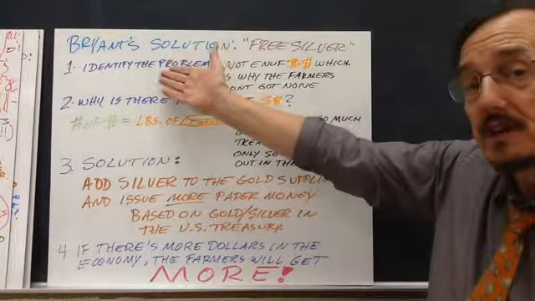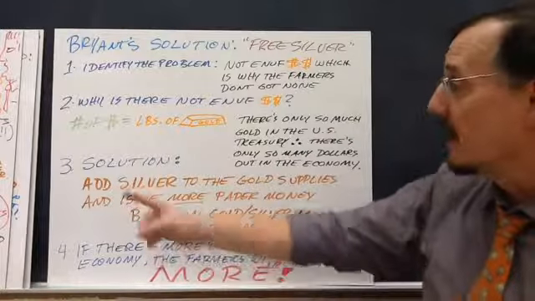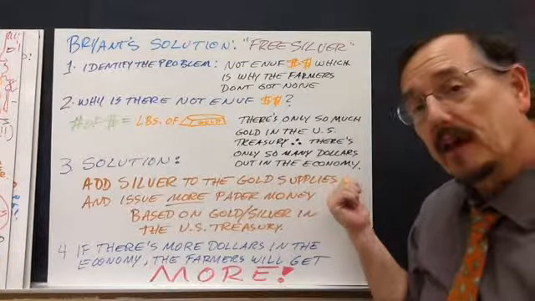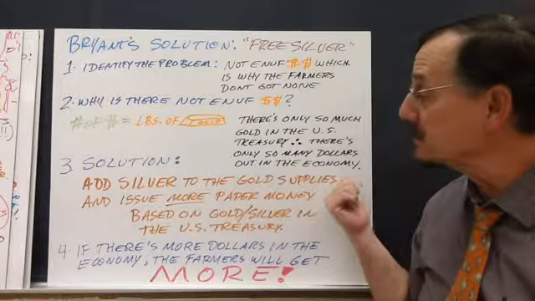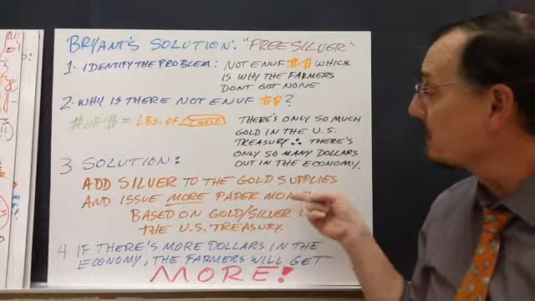So here's what Bryant's solution is. Because you only got so much gold, here's the solution. Why not add silver to the gold supply? Yeah, add silver to the gold supply, because that way, they could issue more paper money.